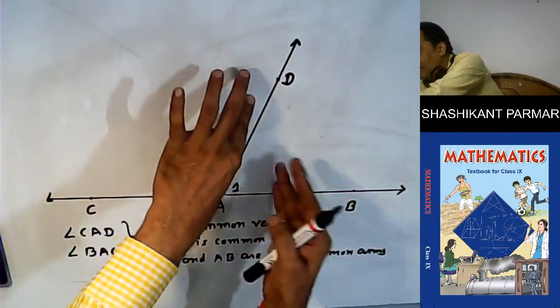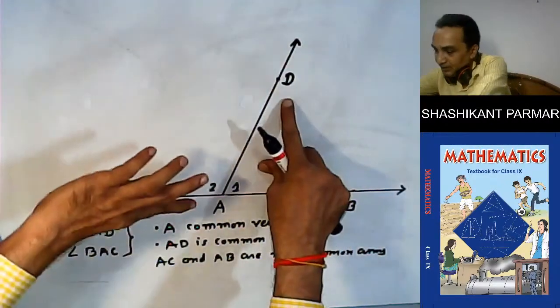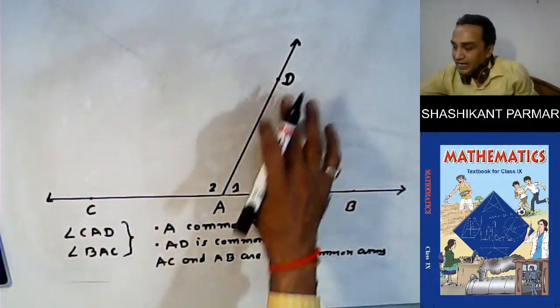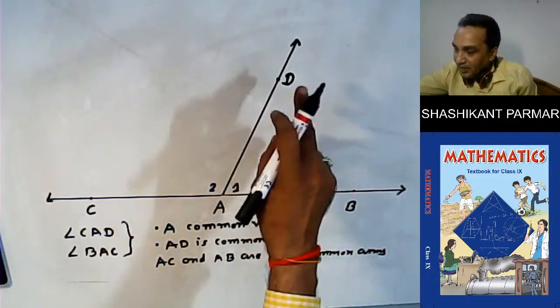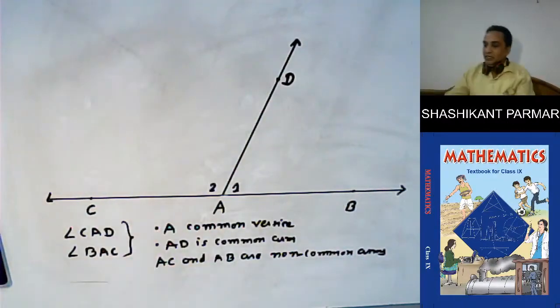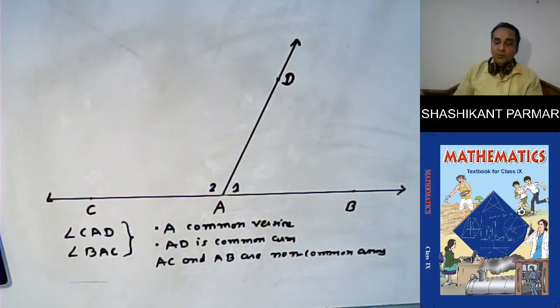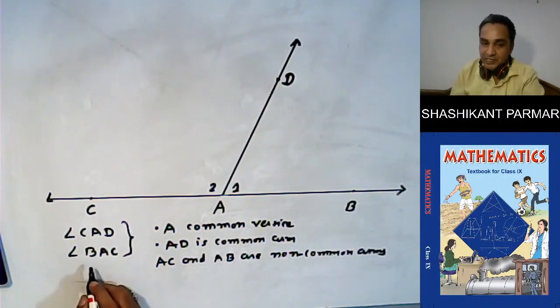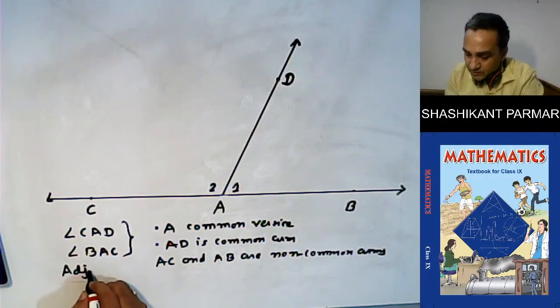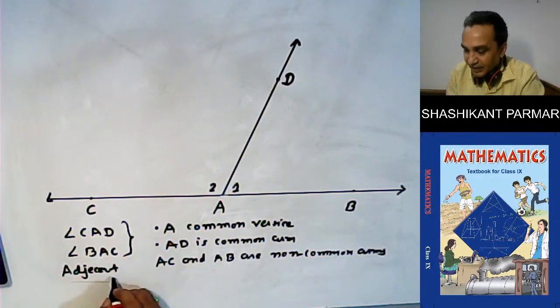One lies on the right side and the other on the left side. So both are on opposite sides of the common arm AD, and that's why these two angles are called adjacent angles.